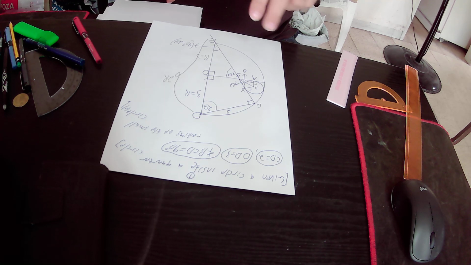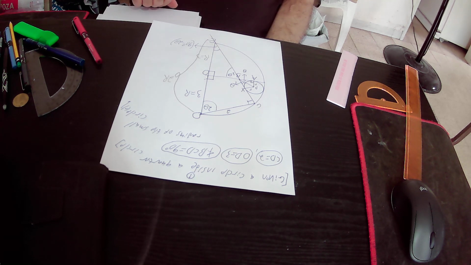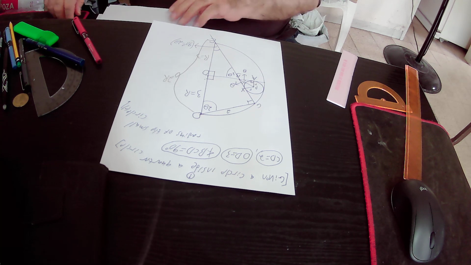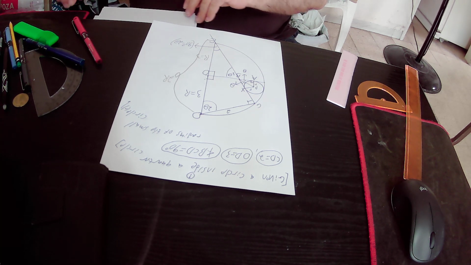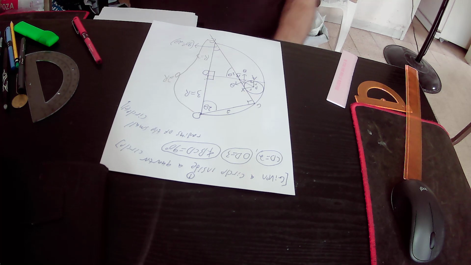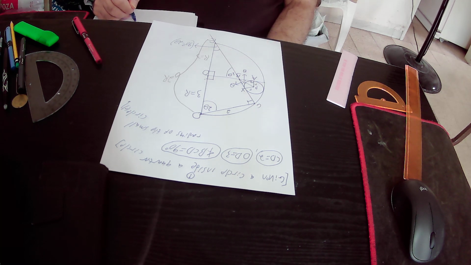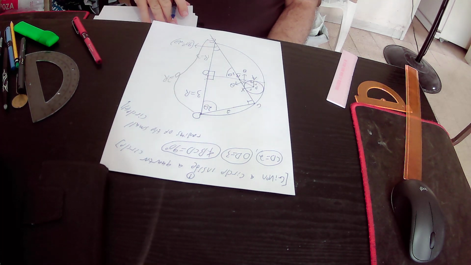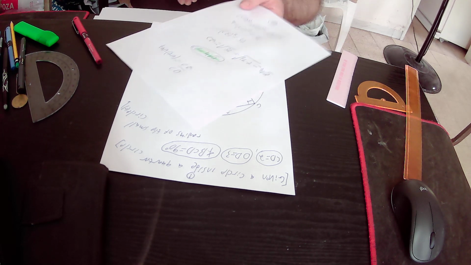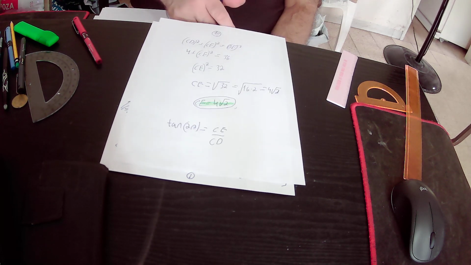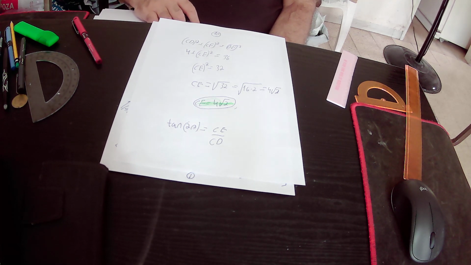In the right triangle CDE, tangent 2 theta will be equal to CE over CD.